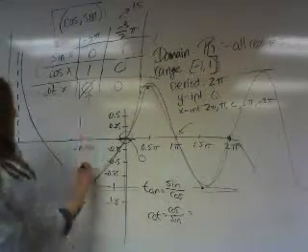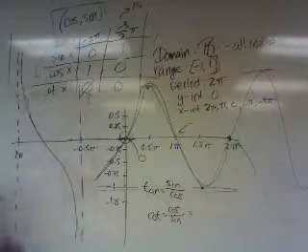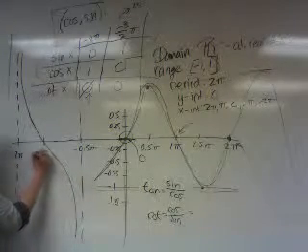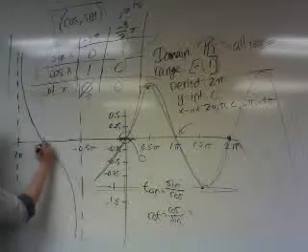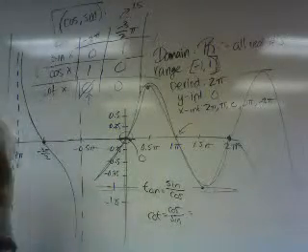You're going to have asymptotes in your graph. At negative 3 over 2 pi, we got 0, so I'm going to plot this point. But again, you're going to have asymptotes in your graph for cotangent.